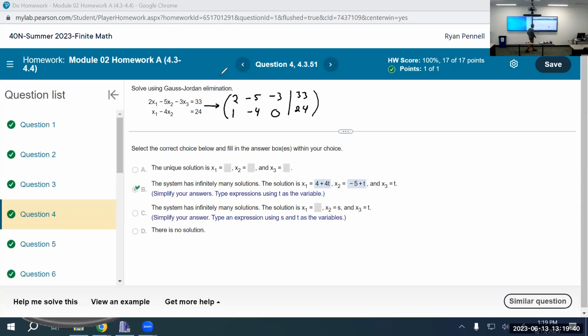Okay, so what's the goal here? What am I trying to do? Well, I'm trying to do my operations so I will get something that looks like 1, 0, 0, 1, and at best, I'm going to have some number here, another number, and another number.